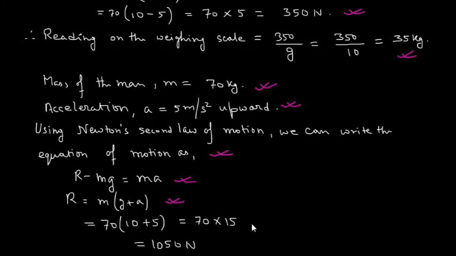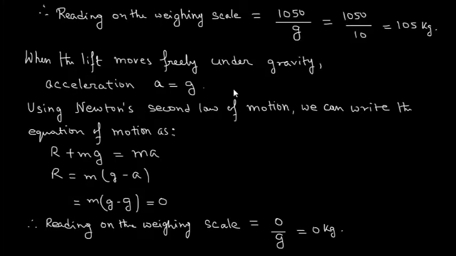Putting the value of m, g and a, we get 70 into 10 plus 5, that is 70 into 15, that is 1050 Newton. So reading on the weighing scale is equal to 1050 upon g, that is 1050 upon 10, that is 105 kg.